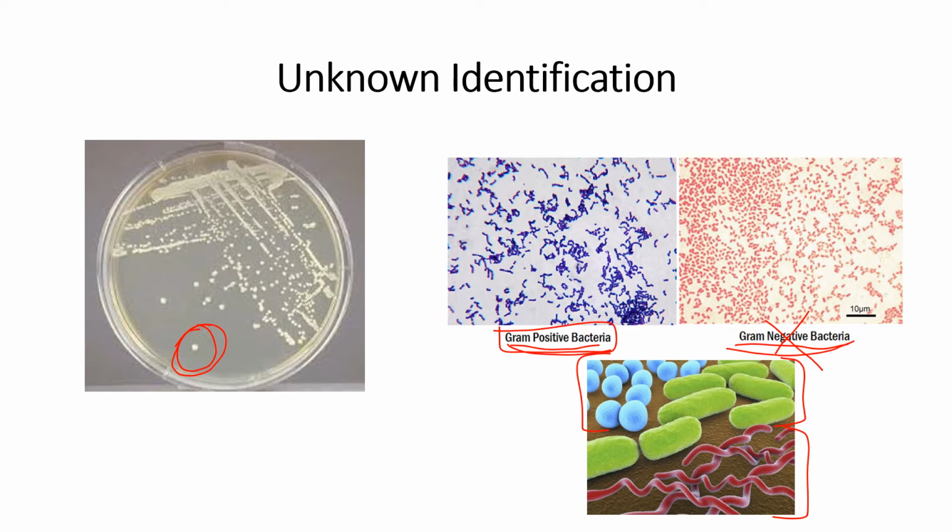Also shape: if you determine yours is a coccus, that means any type of bacteria that is a bacillus or a spiral is not a candidate for the identity. But once you have done a streak plate and a gram stain, this has just narrowed your options, but it will not give you a positive identity because there are hundreds of different types of gram-positive cocci that produce colonies similar to that.